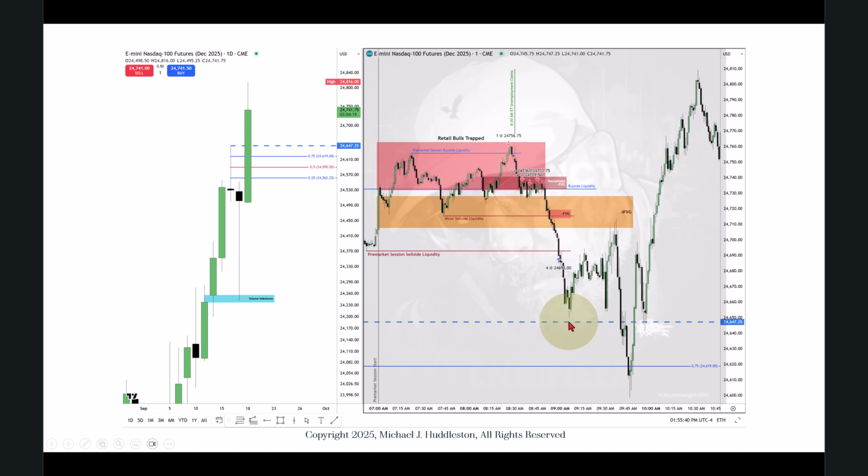So by it not getting there and then retracing all the way back up and all this messy price delivery, I say that with tongue in cheek, but it reaches up into the inversion fair value gap and then comes back down and takes out these relative equal lows, digs into that upper quadrant level right here during the regular trading session.